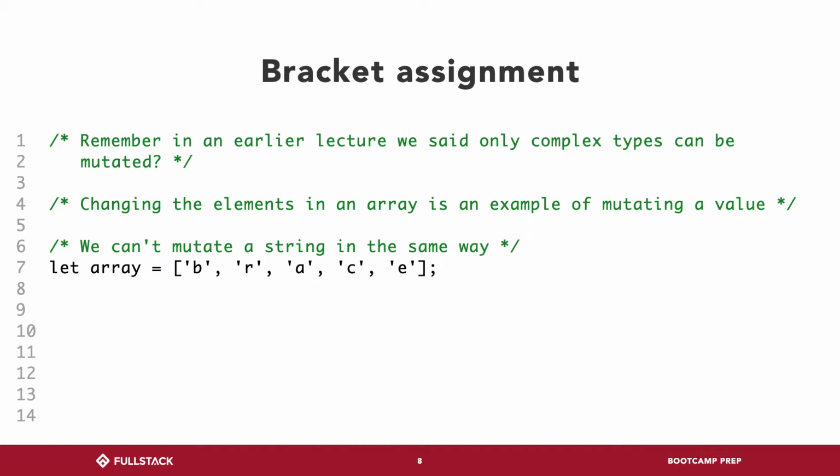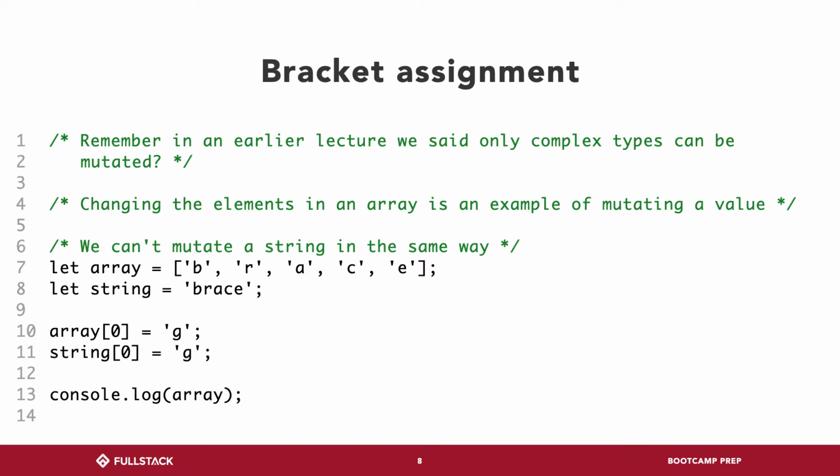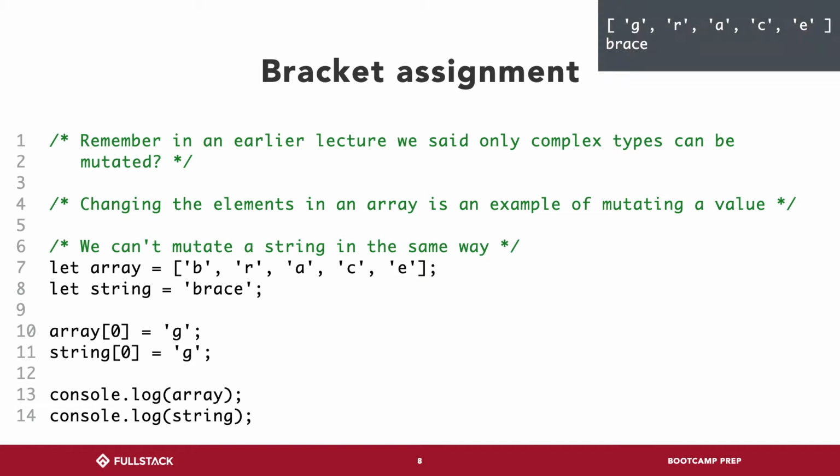Remember, in an earlier lecture we said only complex types can be mutated. I don't know if I said that in an earlier lecture, but I definitely said it in this lecture. Changing the elements in an array is an example of mutating a value. We can't mutate a string in the same way. So as you can see, I have an array where every index is one letter, B-R-A-C-E, and then the string brace, right?